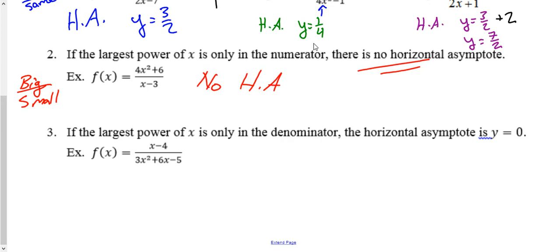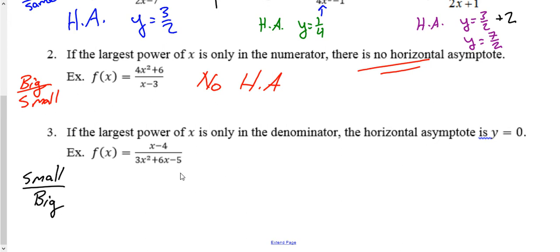In this last case, we have a smaller degree in the numerator and a larger degree in the denominator. So if you have small over big, you're always going to end up with a horizontal asymptote exactly at y equals 0.